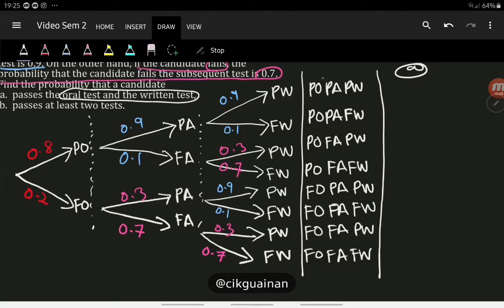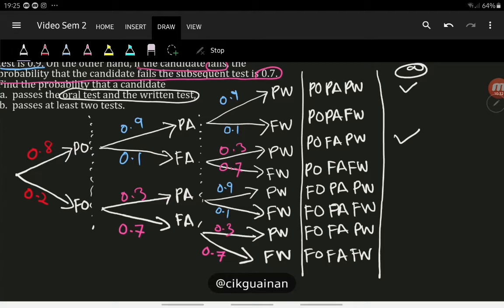Oral and written means oral pass and written pass. So which one? This one, yes. This one is the one we want. This one, pass. Oh no, this one cannot. This one, pass. Okay. So only these two.